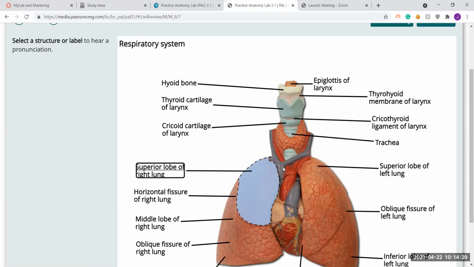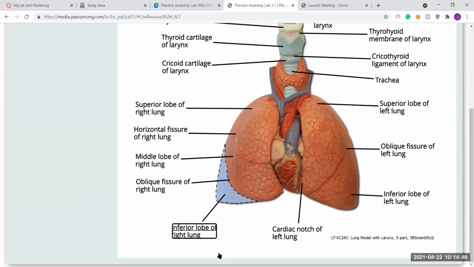In the heart we have superior vena cava, right atrium, right ventricle, pulmonary trunk, and then lungs. Trachea comes here and divides and gets into your lungs. On the right side, you have three lobes: superior lobe, middle lobe, inferior lobe. In a real cadaver, the inferior lobe is completely posterior. It's a very little part you can see from the anterior side.